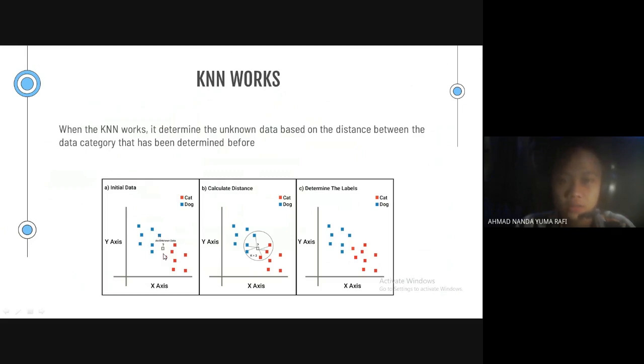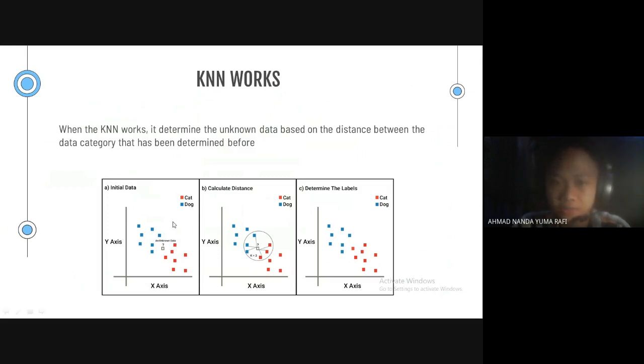When new data appears, the algorithm will try to analyze it and label it. First, it will calculate the distance, hence the name nearest neighbor. So it uses the nearest distance from the new data, and it will label the new data according to each of the neighbor data.